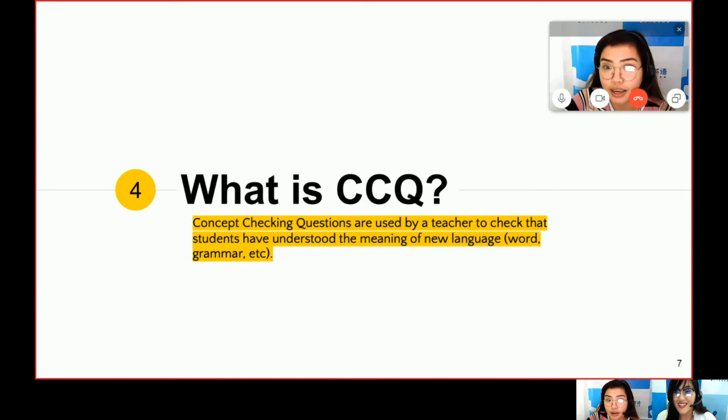Are used by a teacher to check that students have understood the meaning of new language, word, grammar, etc. So this time, you are checking their comprehension, whether they really understood the word that you taught them, like this one.